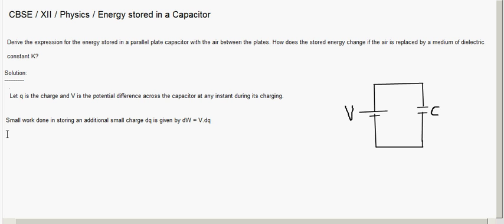And we know that q is the charge and V is the potential difference across the capacitor during charging.